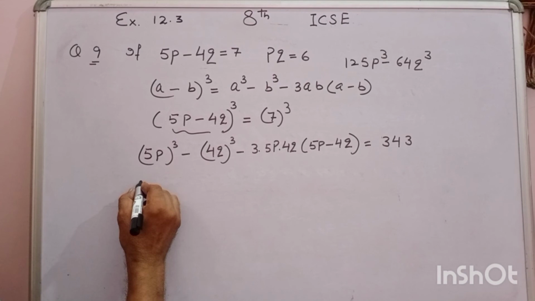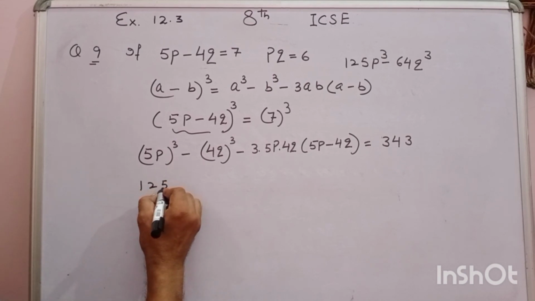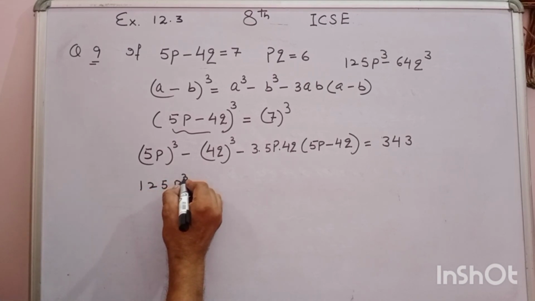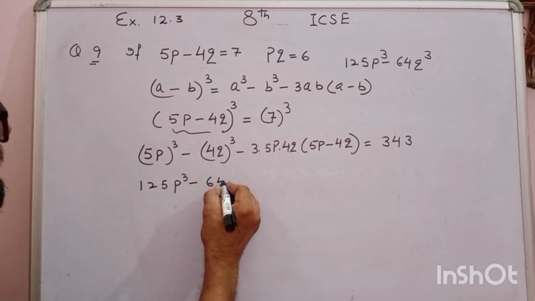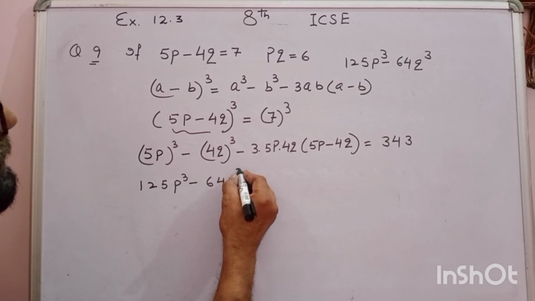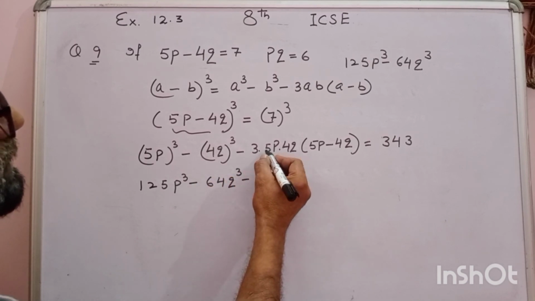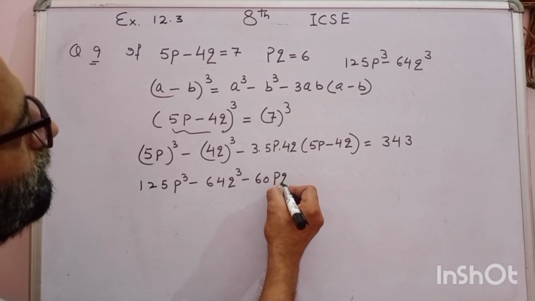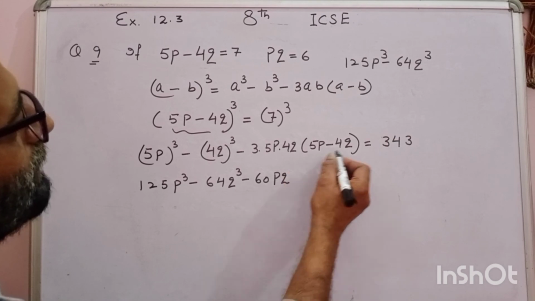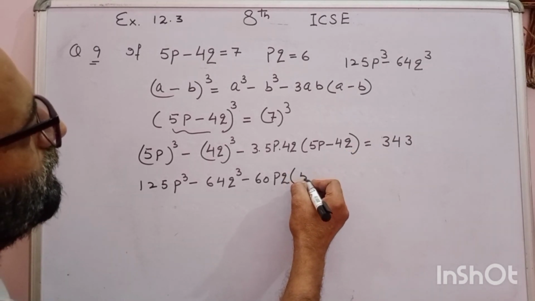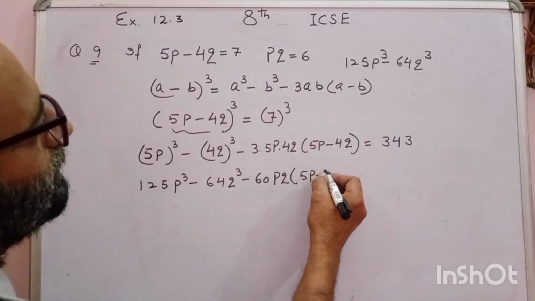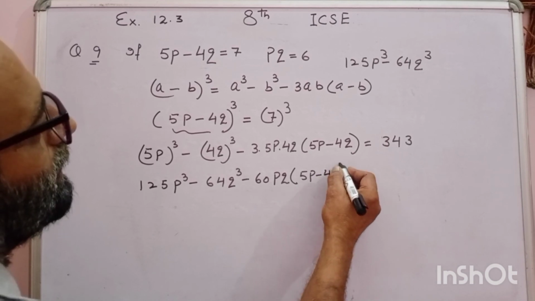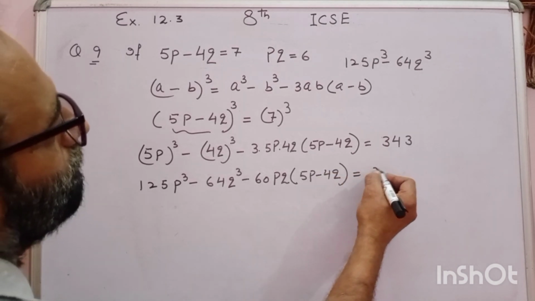Now it becomes 125p³ − 64q³ − 60pq(5p − 4q) is equal to 343.